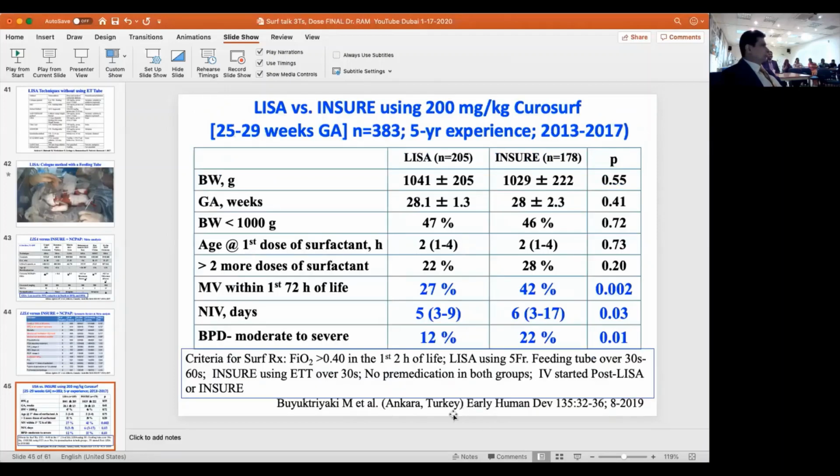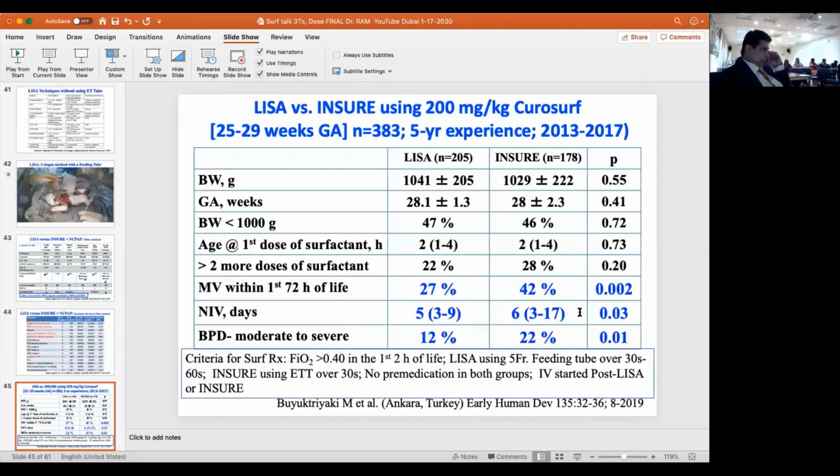Here is a study more recently published last year from Turkey. A 5-year experience, 183 babies. They compared LISA versus INSURE in babies of 25 to 29 weeks, with the first dose of surfactant at about 2 hours. The need for mechanical ventilation was significantly reduced, 57% versus 42%.